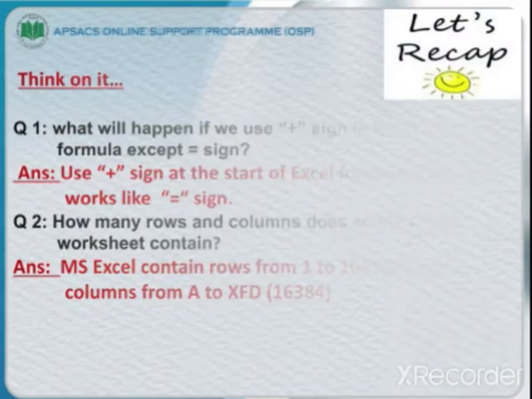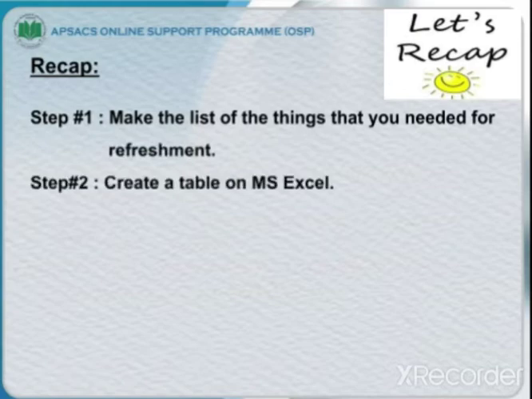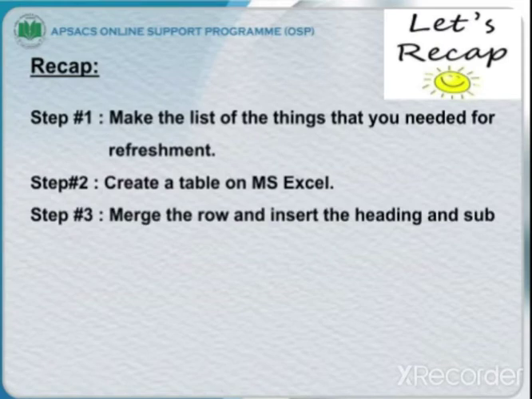Dear students, recall all the information that we have done in the previous class. So let's recap. Step number 1. Make the list of the things that you need for the refreshment. Step number 2. Create a table on MS Excel. Step number 3. Merge the rows and insert the headings and subheadings in the table.